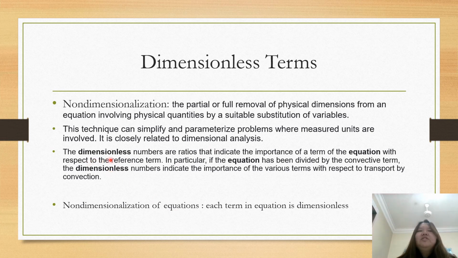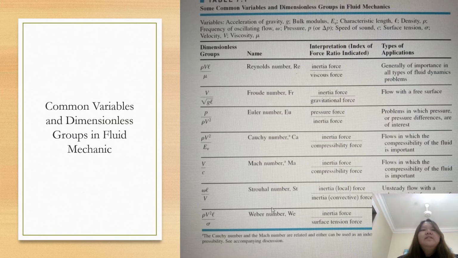The dimensionless numbers are ratios that indicate the importance of a term of the equation with respect to the reference term. In particular, if the equation has been divided by the convective term, these are the common variables and dimensional groups in fluid mechanics that we have to know.